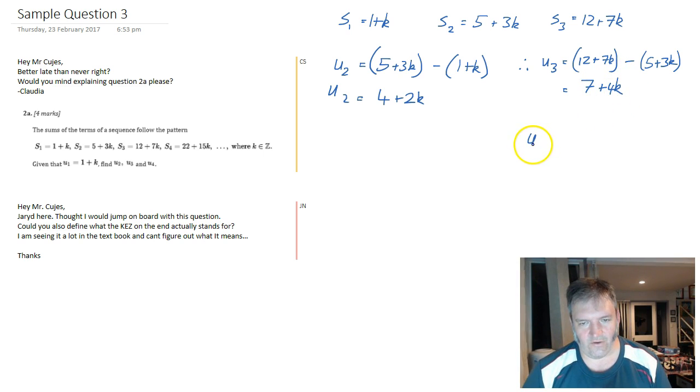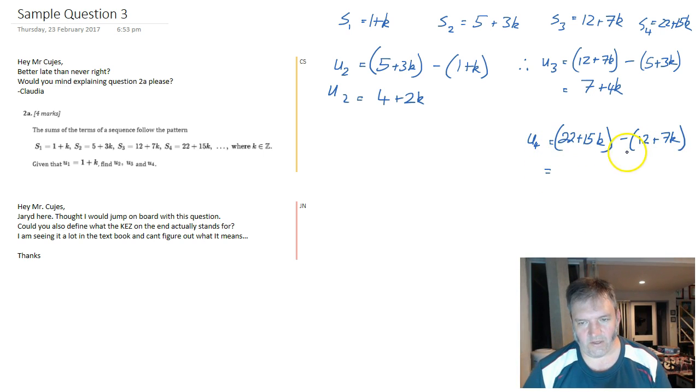And the last one, u4, must be the difference between the sum of the first three and the sum of the first four, which they told me was 22 plus 15k. So here I go. The fourth term will be 22 plus 15k, that's the sum of the first four, take away the sum of the first three, and I'm left with whatever the fourth one was equal to.